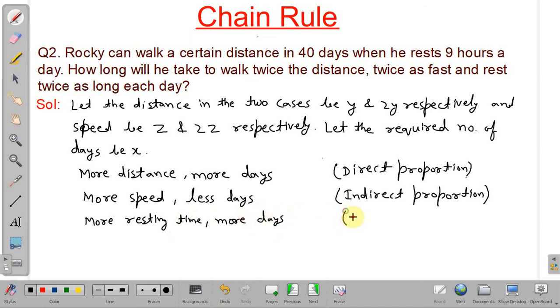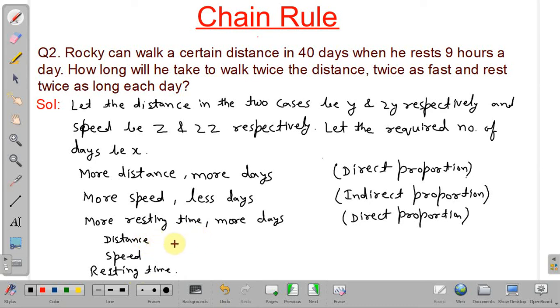So it is also a case of direct proportion. Now we have three parameters: distance, speed and resting time.